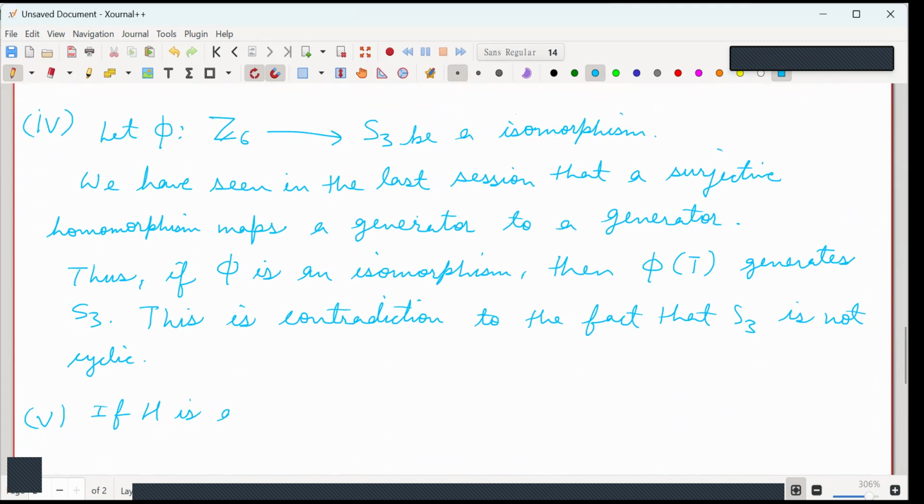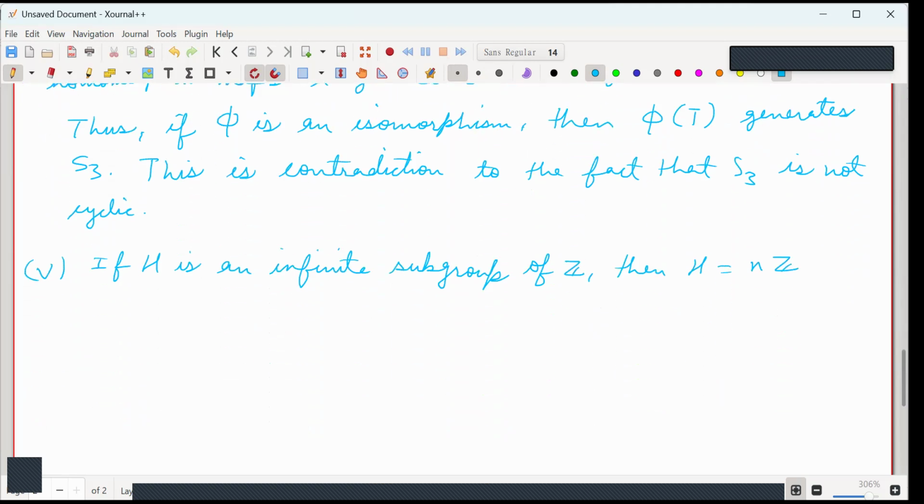So if H is an infinite subgroup of G, instead of G let me just write Z, because here we know what G is. Then H is equal to NZ for some N belonging to the set of natural numbers.